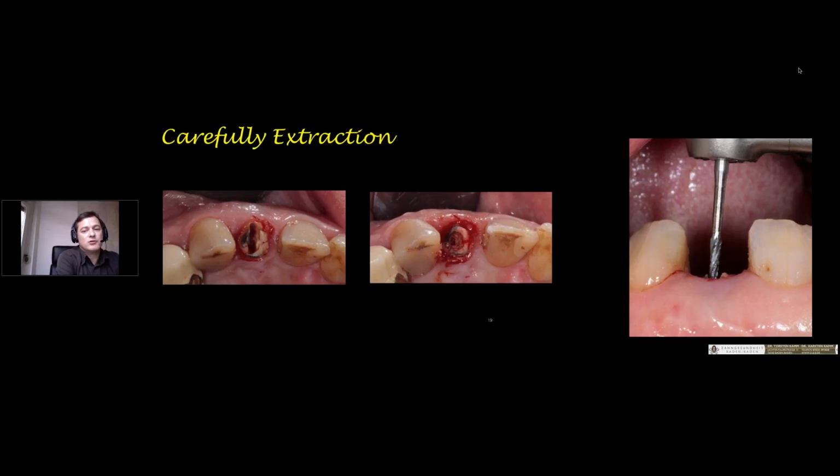So it's very, very important, if you extract the teeth, not to destroy the soft tissue and not to destroy the hard tissue. Because if you destroy much of the hard or soft tissue, your aesthetic outcome will be much worse.